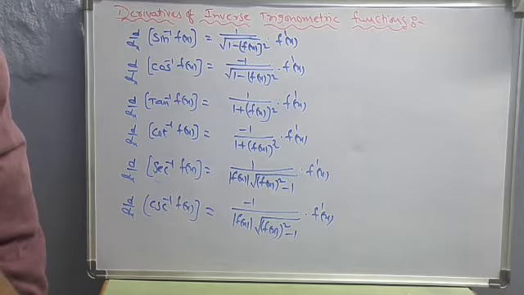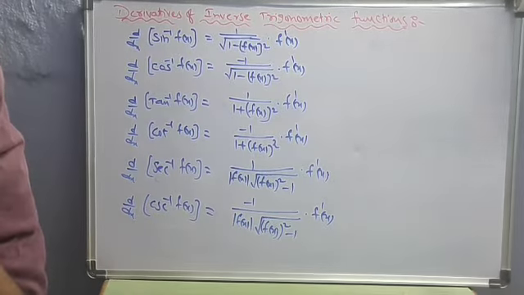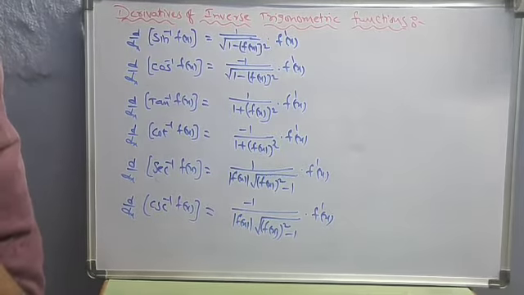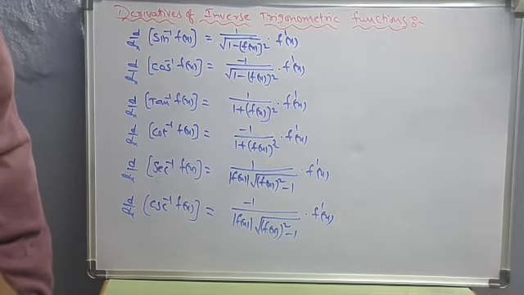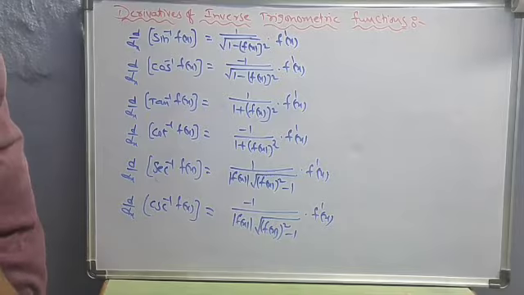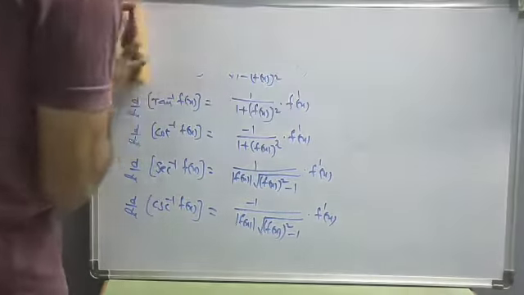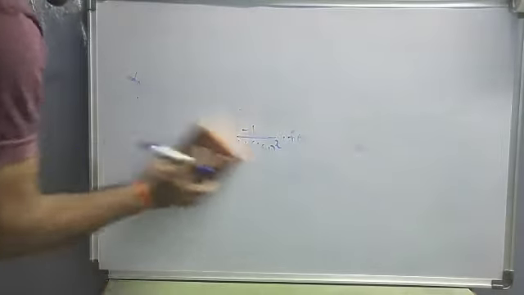It is purely depending upon the problems. In some problems we have to use the substitution process, and in some problems we have to use trigonometric formulas directly. According to the problems we have to do that. Right, now I am erasing this, I am taking some problems.